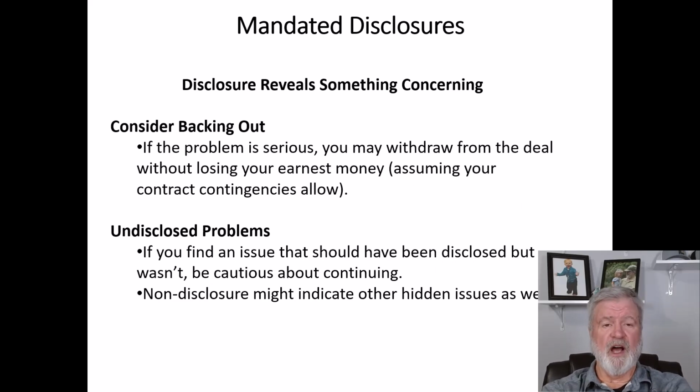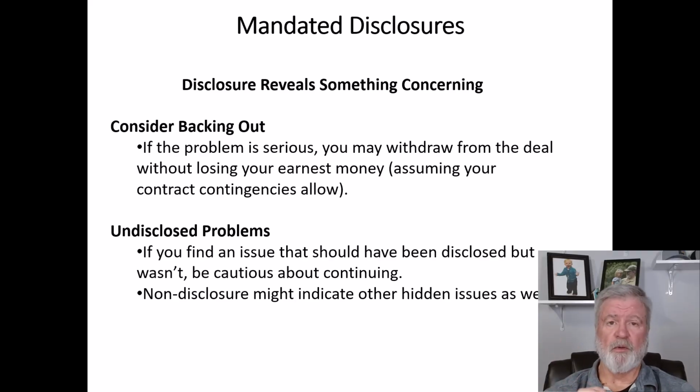if it's bad enough, whatever the issue is, obviously you could consider just backing out completely, as long as you're still within your due diligence period, which will be defined in the contract of sale.